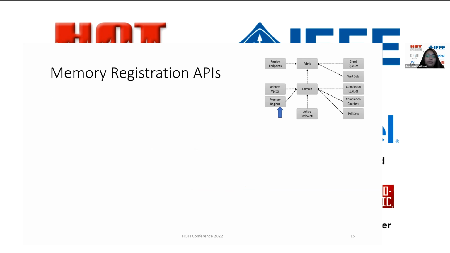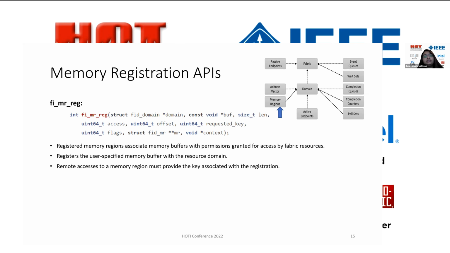Next, we move on to the memory registration calls. Memory registration is the security mechanism used to grant a peer or a remote peer access to local memory buffers. A memory buffer must be registered with a resource domain before it can be used as a target of remote data transfer operations.